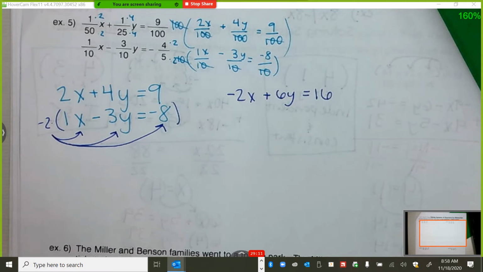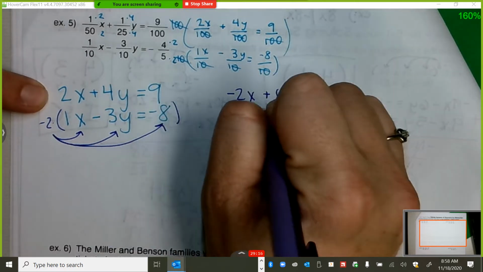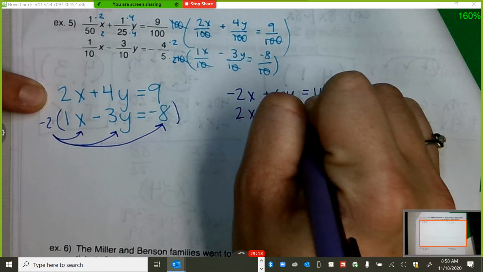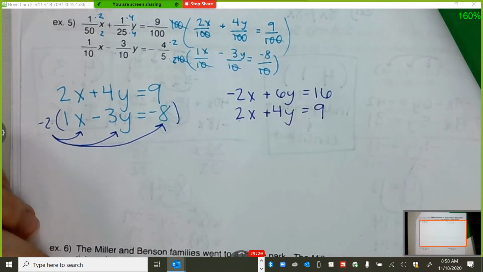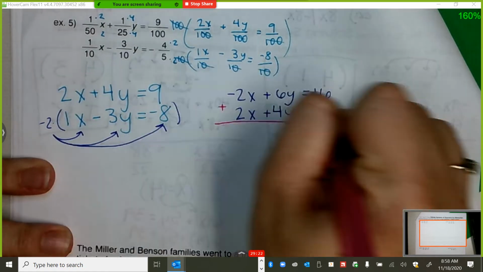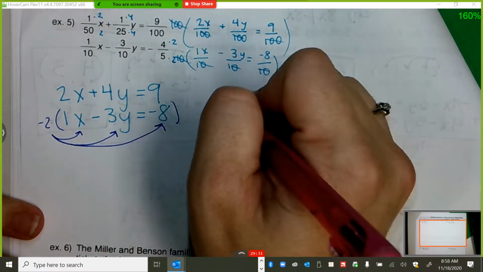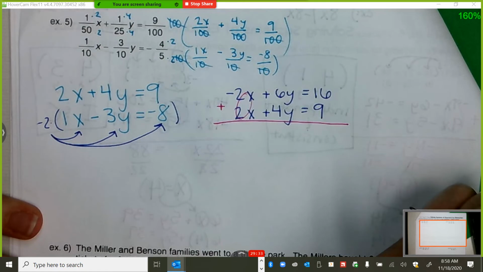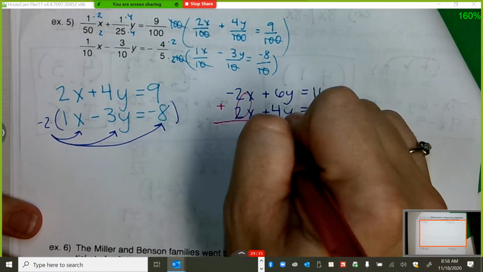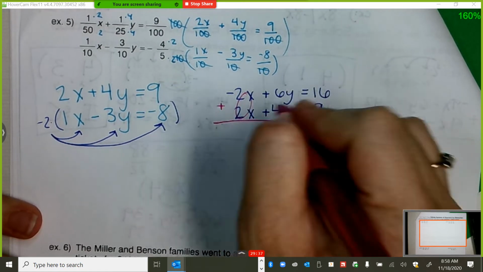Everybody okay with how I got that? And then I'm just going to rewrite the other equation. And now we're going to do elimination or big addition. This zeroes out. I get 6y plus 4y equals 10y. 16 plus 9 is what?